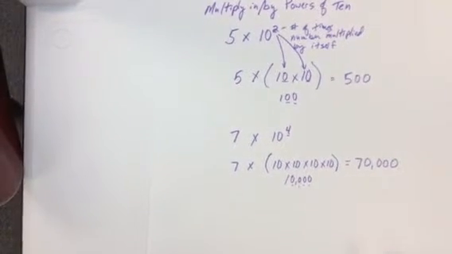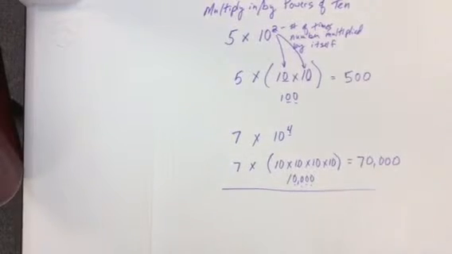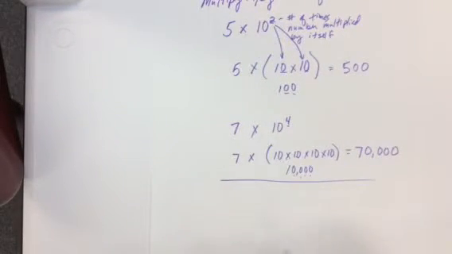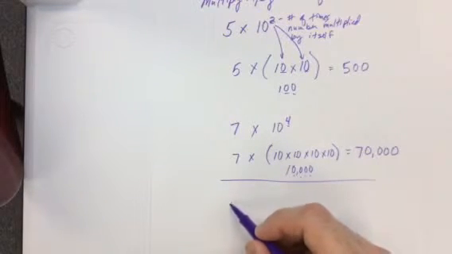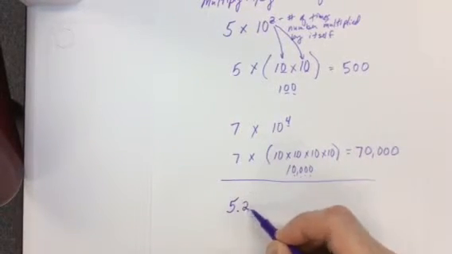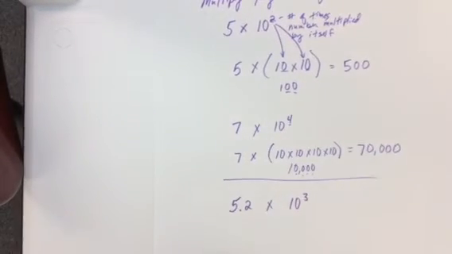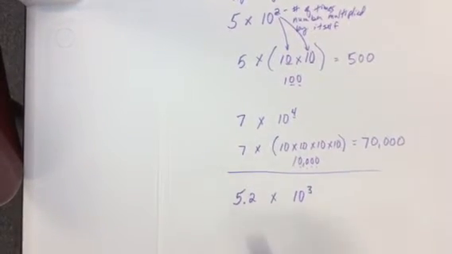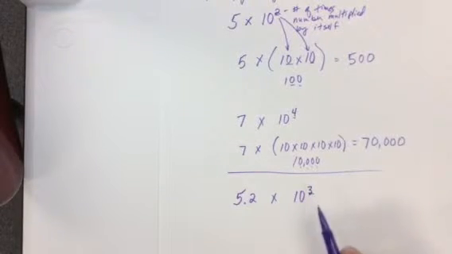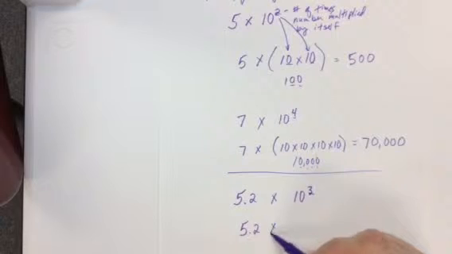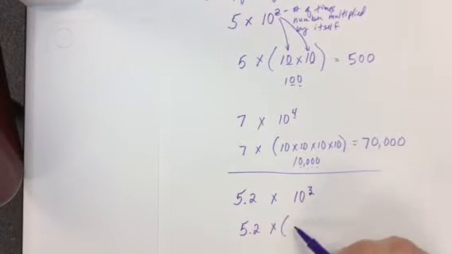Now, the next step on this would be if you have a number that, say, has a fractional component or a decimal. So if we look at something like 5.2 times 10 to the third. So again, breaking out the exponent, we would have 5 and 2/10 times, and then 3 tens.